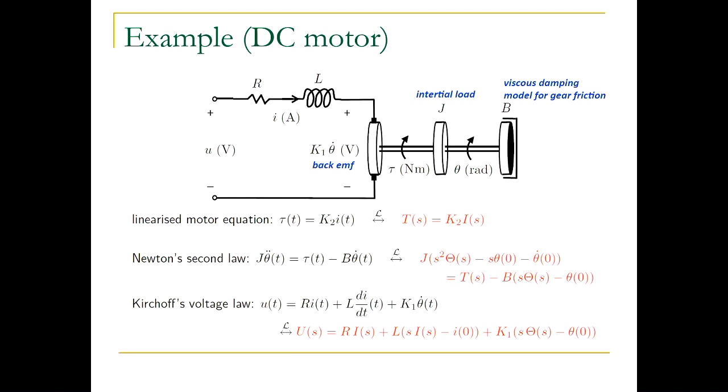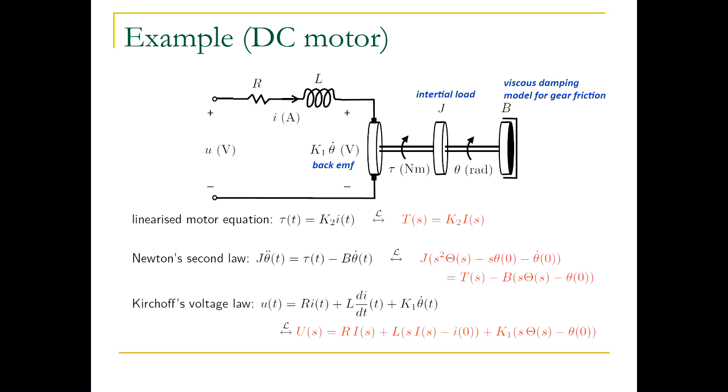Well, in this case, there is this torque caused by the current, right? That's basically moving the whole thing. And then there's this minus the friction. That's this term here, right? And then, using Kirchhoff's voltage law and the simplified circuit diagram there, we have that the driving voltage U, the input to the whole system, right, is equal to this.